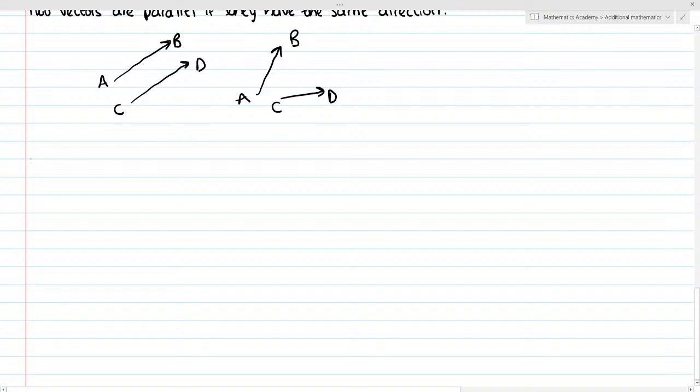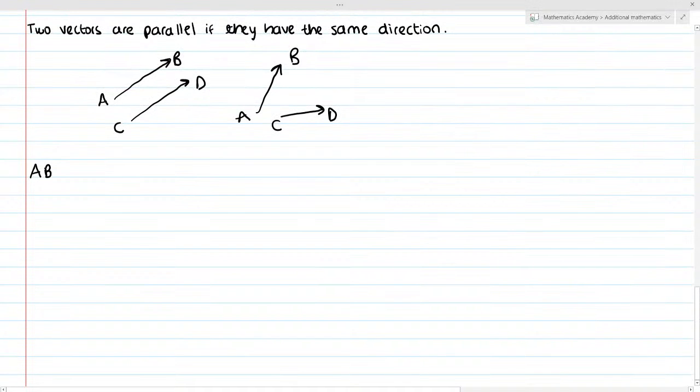In order to figure out whether two vectors are parallel, we need to check that they have the same direction, regardless of what their magnitudes are. So suppose AB was 2i plus 2j. In order to get from A to B, you need to move 2 units to the right and 2 units up. And suppose CD was also 2i plus 2j.